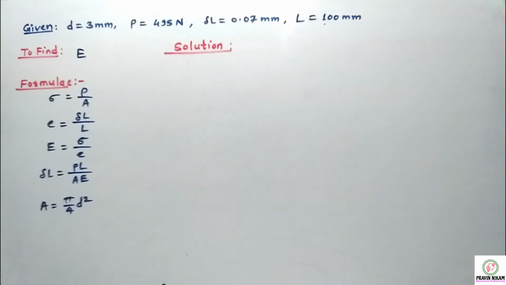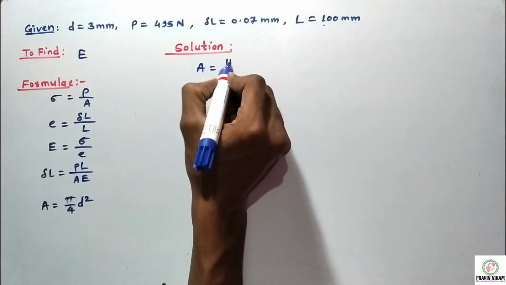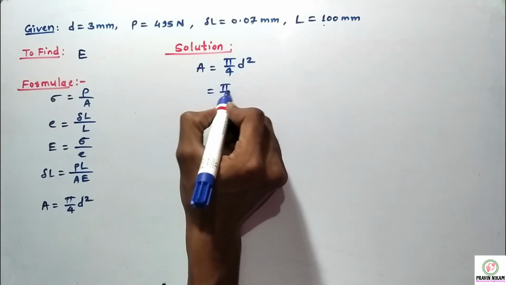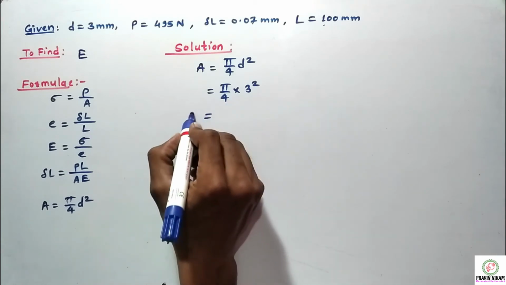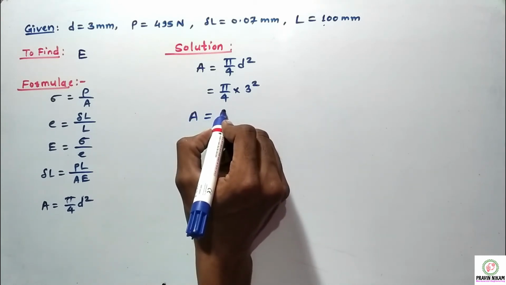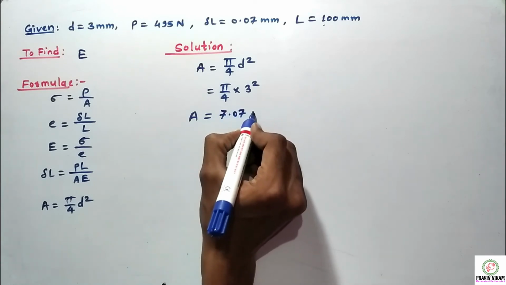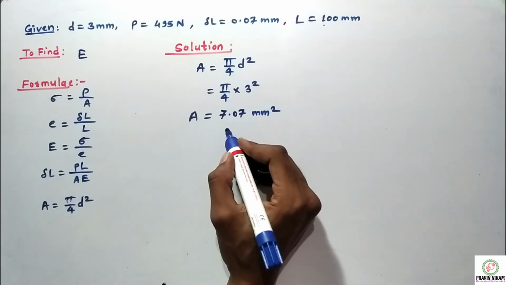First find out the area of the section. So area is equal to pi by 4 into d square, that is equal to pi by 4 into 3 square. So A is equal to 7.07 mm square. This is the value of area.